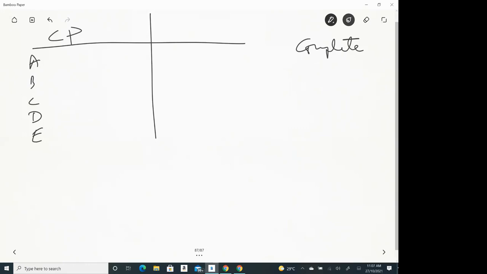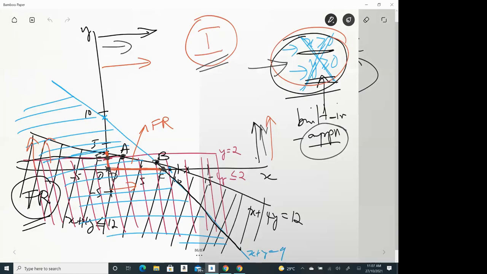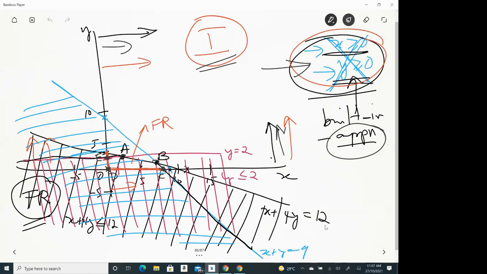Complete this homework, question 10, 12. Finish it up.